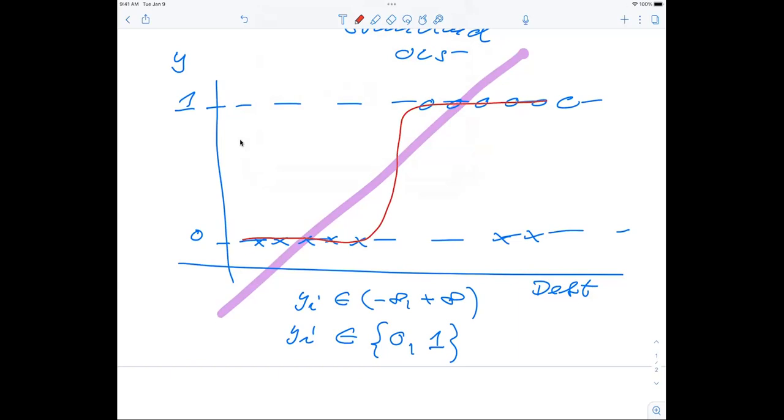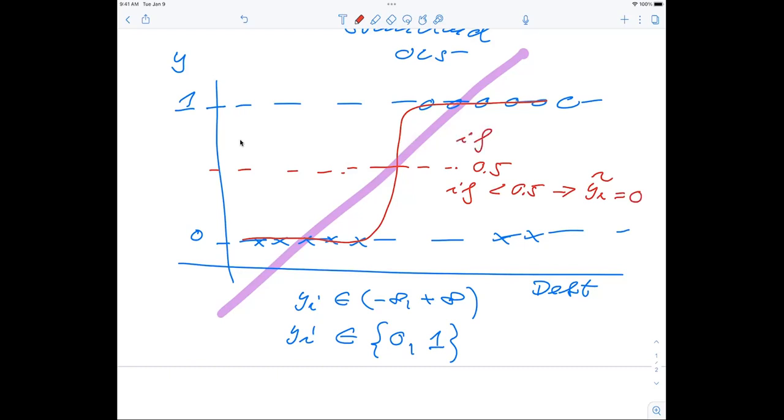Then what we would say is that if the value is less than 0.5, then the output is 0. That means we pay our credit card debt. And if the output is larger than 0.5, we do not pay our credit card debt. So you could now say, if you look at this, suppose this is 0.5, then if less than 0.5, that means that your model, and now I put a tilde here, y of i tilde is equal to 0.